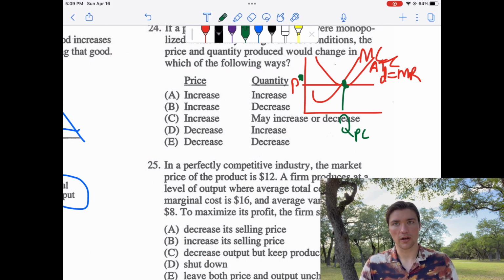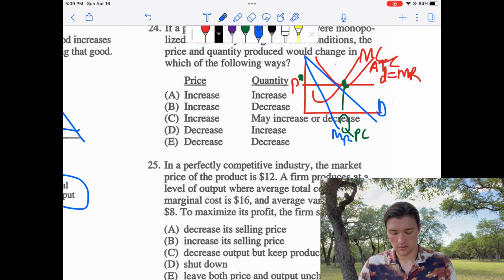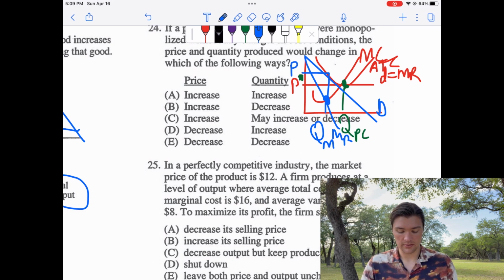If this were a monopoly, right, with no change in the cost, all right, so that's your demand, that's your marginal revenue. So now we're doing MR equals MC. So this is my quantity, and this is my price. What happened to quantity?